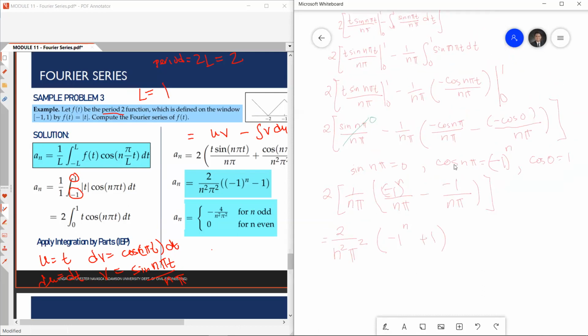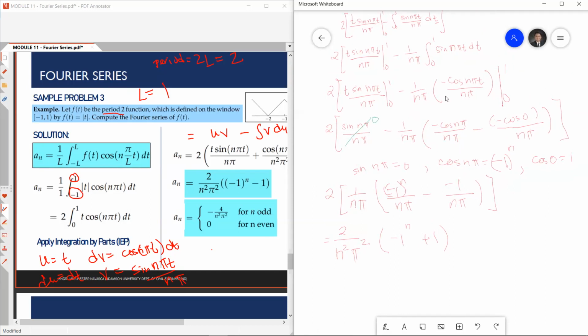Wait lang. Negative cosine n pi t. Negative 1 also magiging positive n pi. Okay. So magiging ano na nga to?